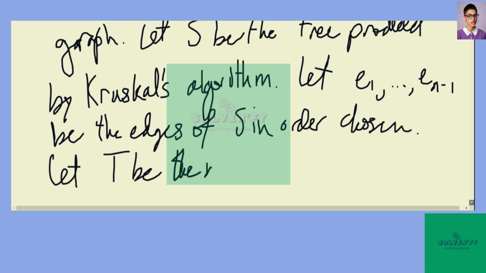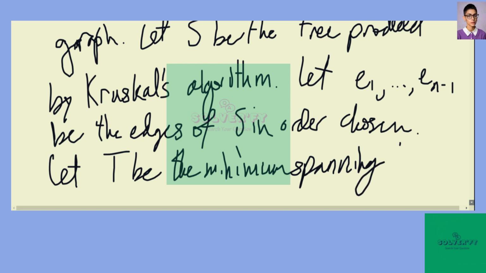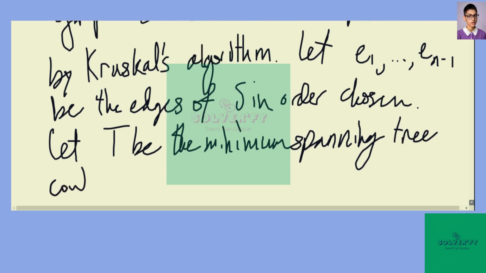And of course, edges that are at the same stage, we can order arbitrarily. We just want to make sure the edges from different stages are ordered so that edges from one stage are ordered before edges in another.